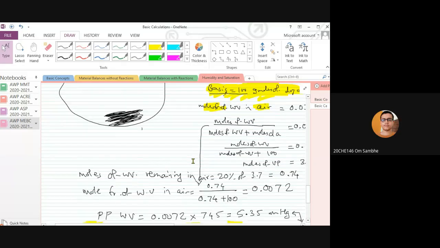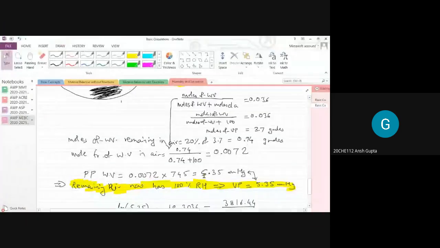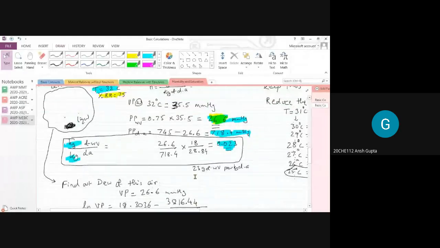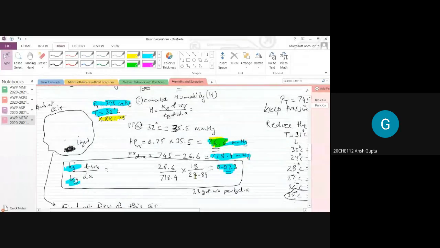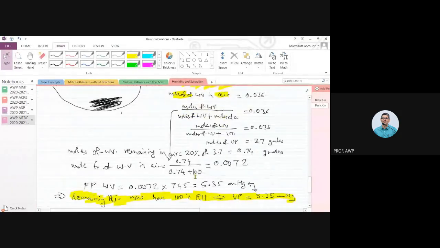Okay, any other difficulty? Can we go to the next problem? Sir, in the last question we got the partial pressure of water vapor as 26.6. Since 80% has been condensed, can we take 20% of 26.6 as remaining? No, we are not going to do calculations based on pressures. We are going to do calculations based on mole fractions.